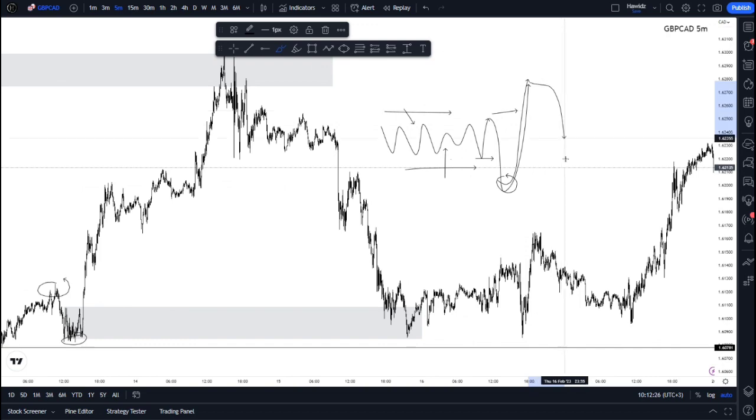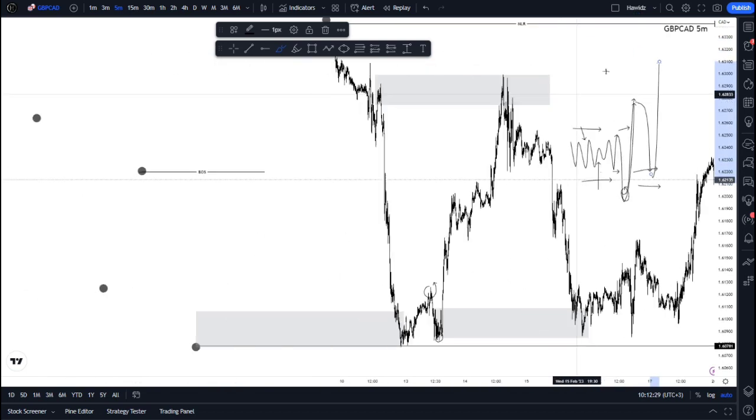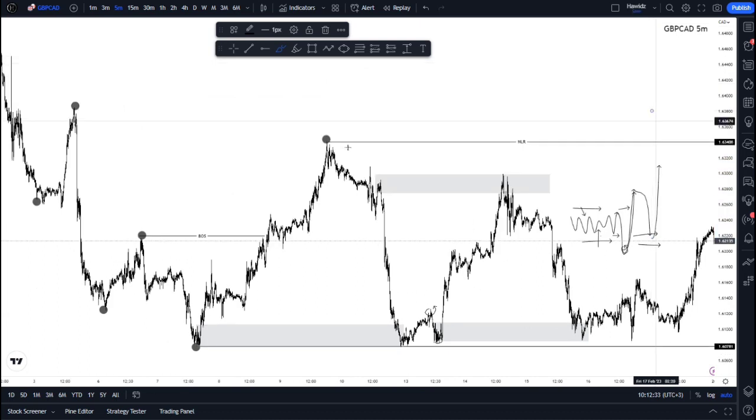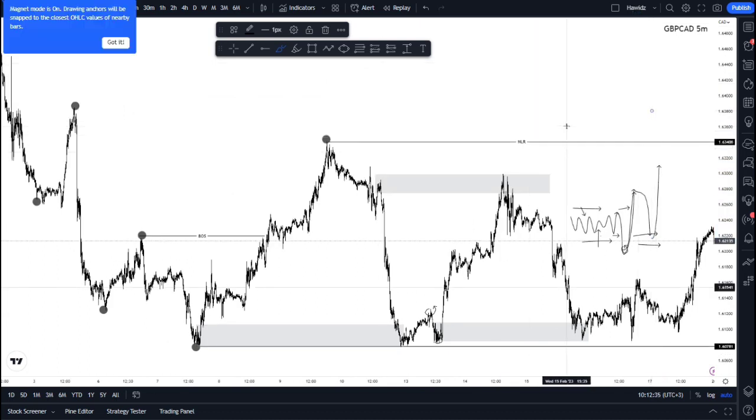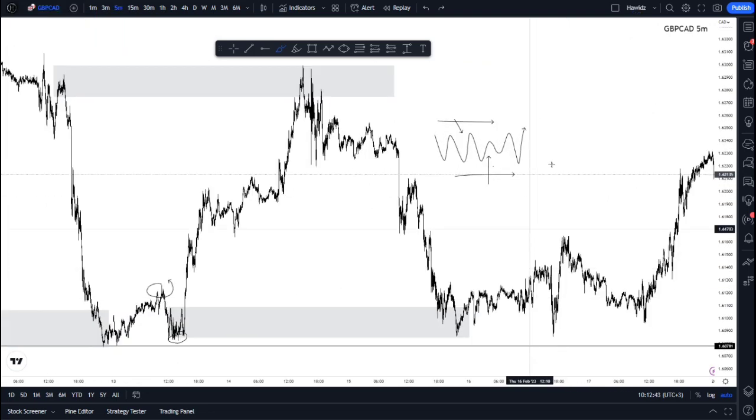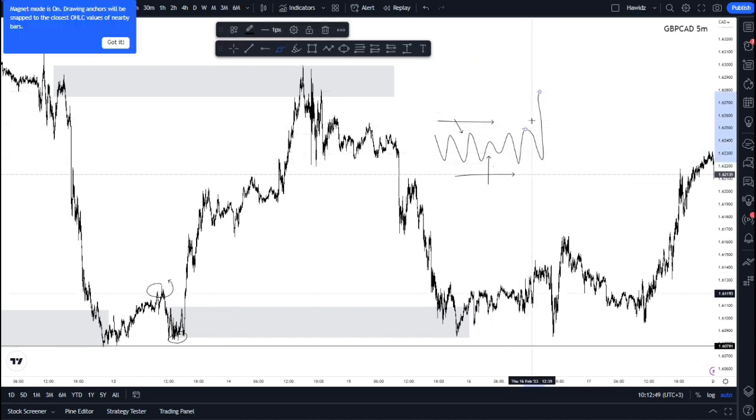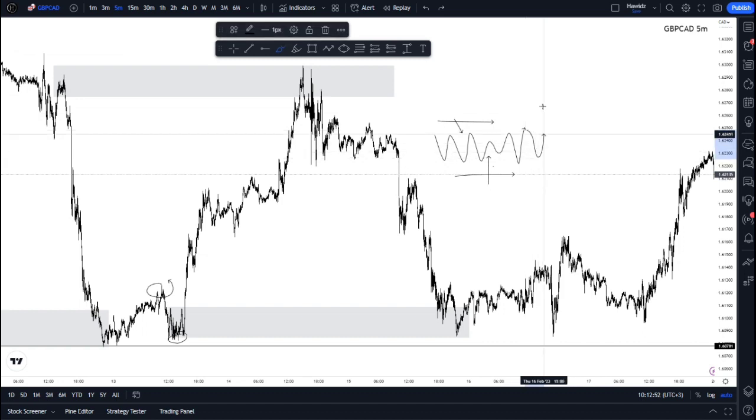And from there, we'll need to see that pullback happening towards an area of demand, and then a run now to the bullish side, right? To take out the overall highs. And the same applies to a bearish market, right? If we had a bearish market and we had an accumulation like this, then we would mostly like to see an attempted break bullish, right, to form a new high, and then an instant re-break bearish to form a new low.